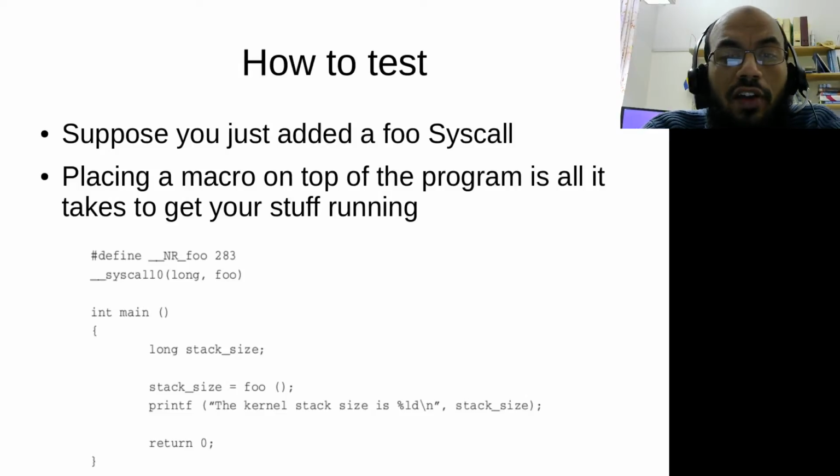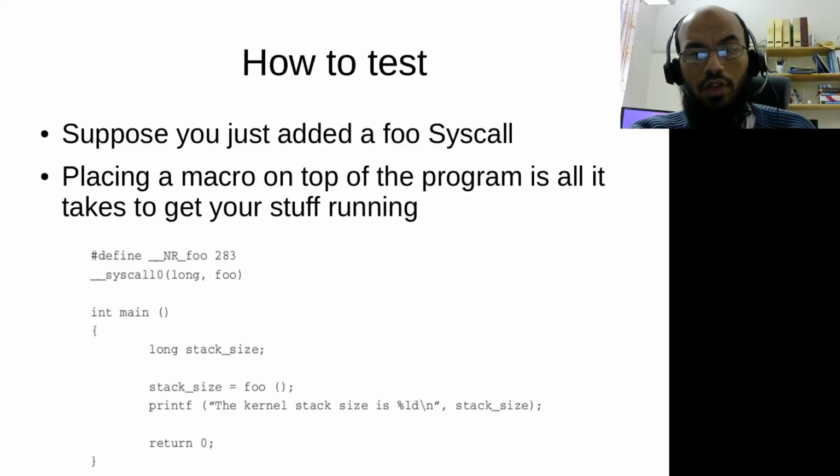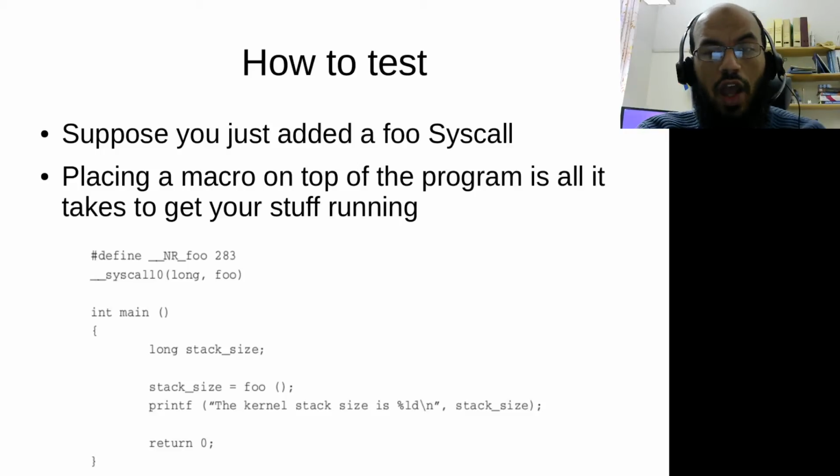So you have defined a new syscall that has the number 283, and you use this macro to point the C compiler to where it will find the system call, and then you implement your C program as usual. So you have the stack size equals the syscall, a function to find the stack size, and then you print the stack size.